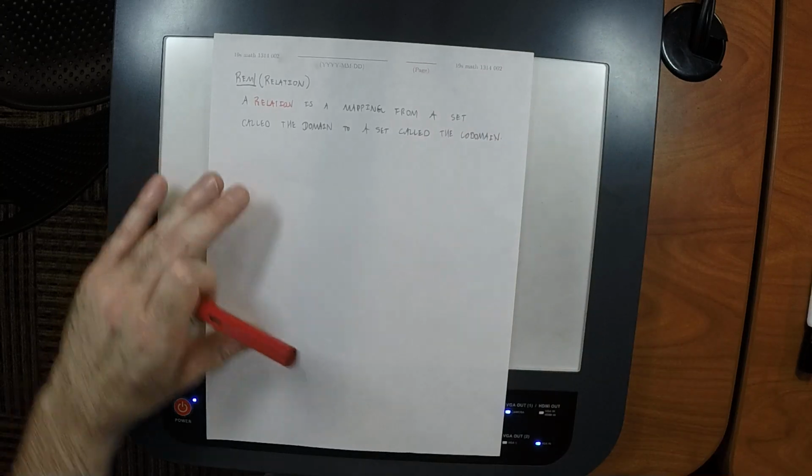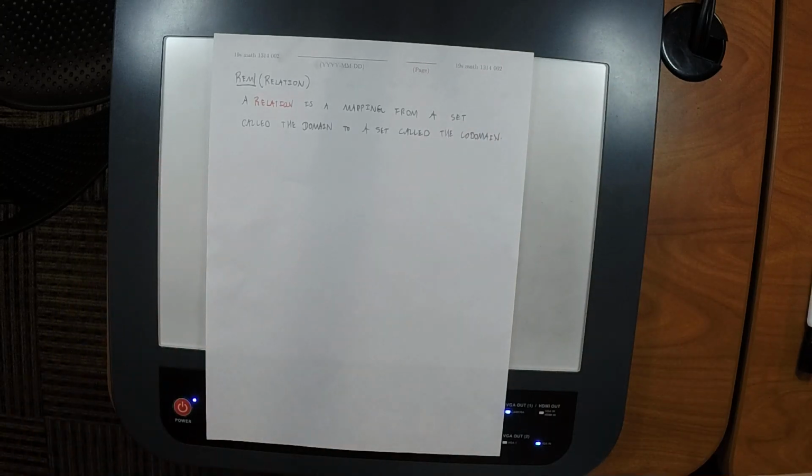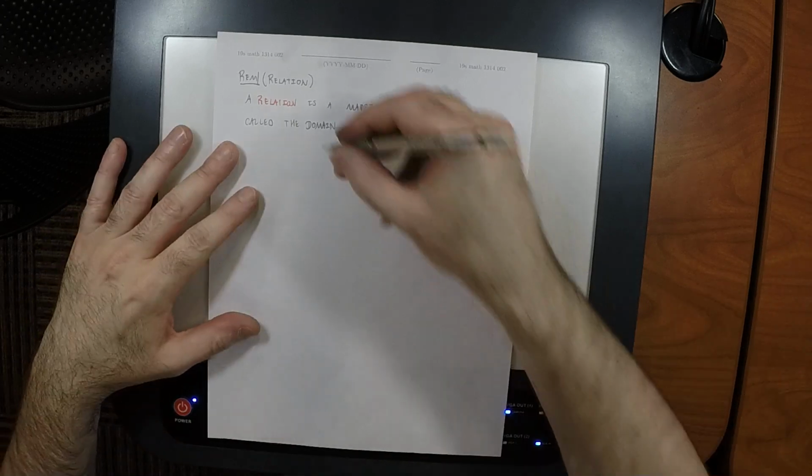So that's the definition, and in many ways that's a definition that only a mathematician could love. So let's have some examples of its use.